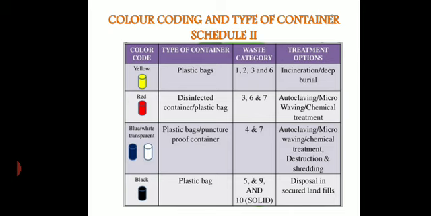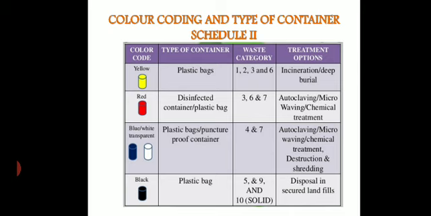Category 6 includes your soiled waste, and category 7 includes the solid waste generated from disposable items other than waste sharps, such as your catheters, then tubings, etc.